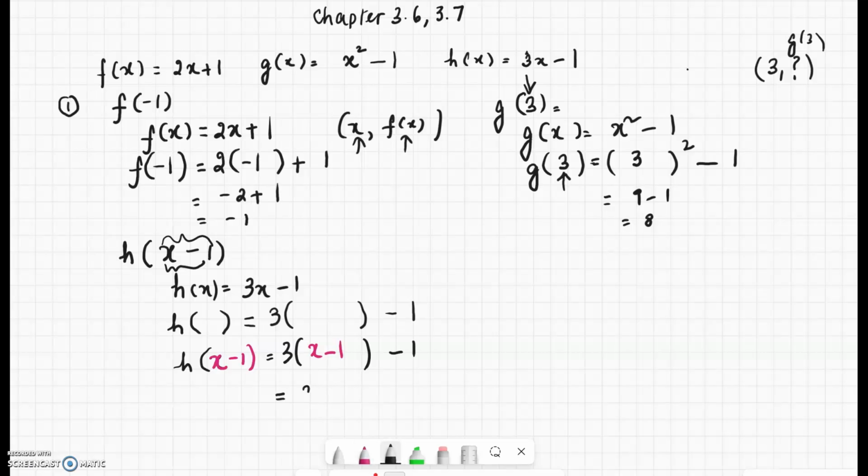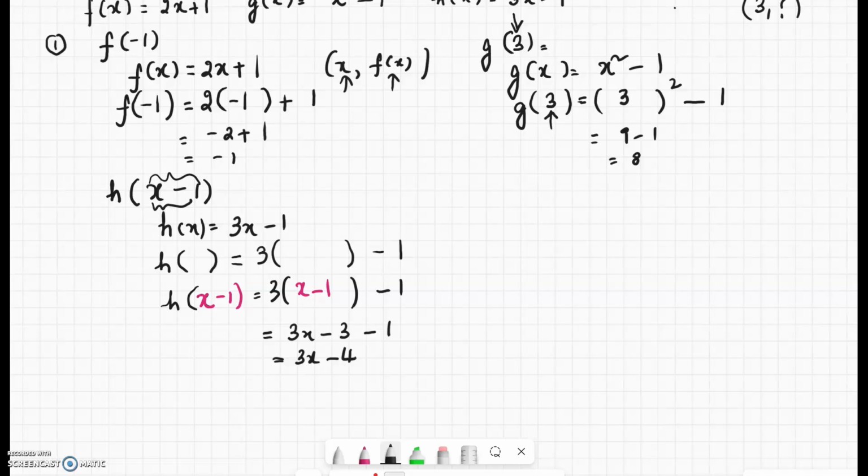So this is equal to 3x minus 3 minus 1. So that is equal to 3x minus 4. So what this tells me is that h, when I plug in an x minus 1, is equal to 3x minus 4.